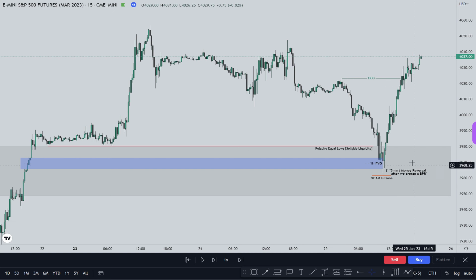This 1 hour fair value gap is within the price window, and this happens during the New York AM kill zone. That's narrative. So we have a lot of things stacking on top of each other and giving us extra confluence that this should see a smart money reversal. We take our sell side liquidity, we tap into the 1 hour fair value gap, we overshoot it by a little bit, we tap into the price window.